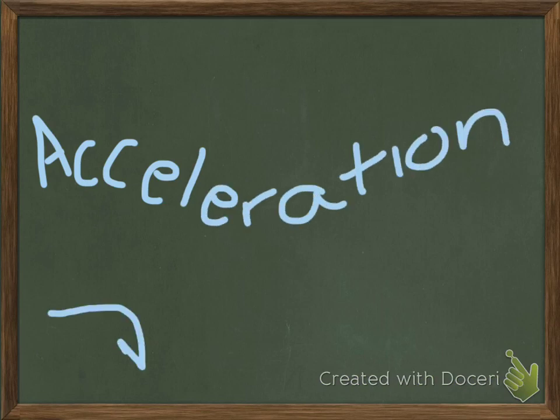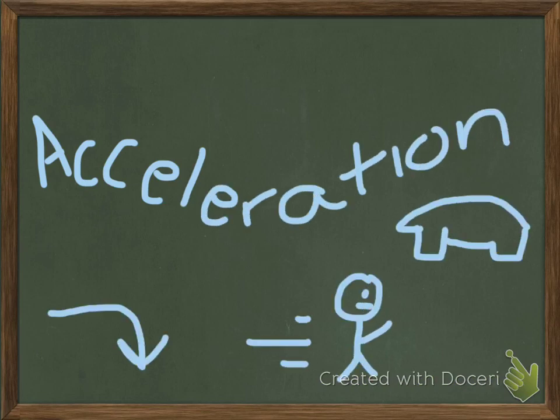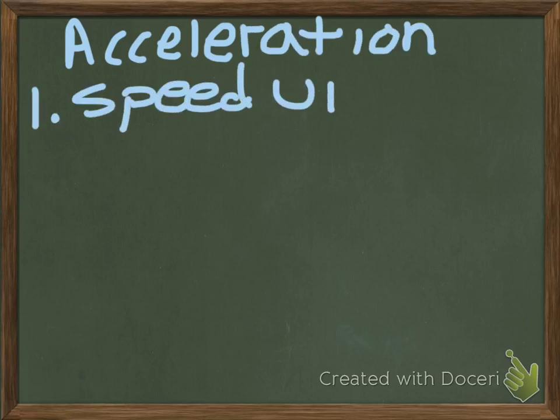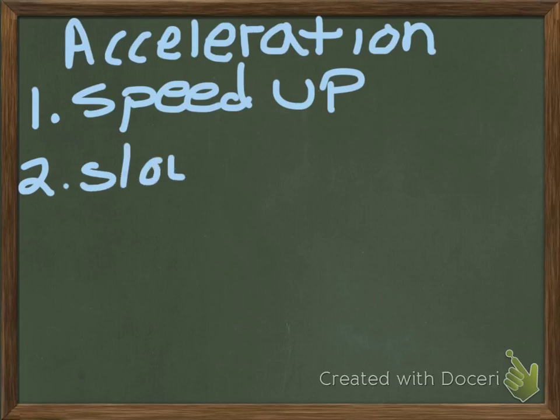When we go up to acceleration, it takes all these things and it talks about not exactly how fast something is going, but how fast it's changing its movement. There are 3 different ways that accelerations can happen. The one that we all know is when something speeds up. If something speeds up, that is an acceleration. One that we don't really know is that slowing down is also an acceleration.